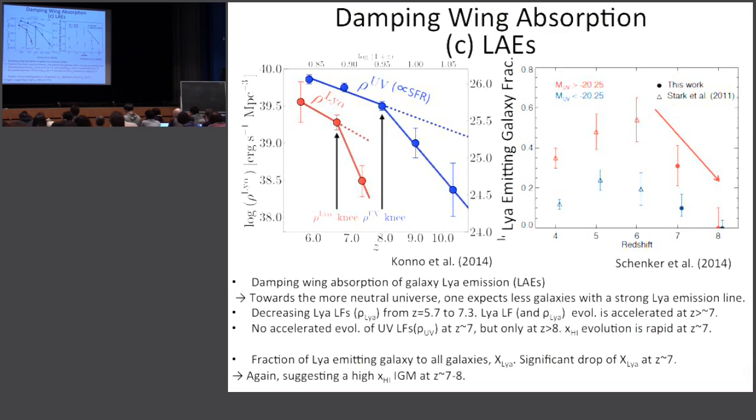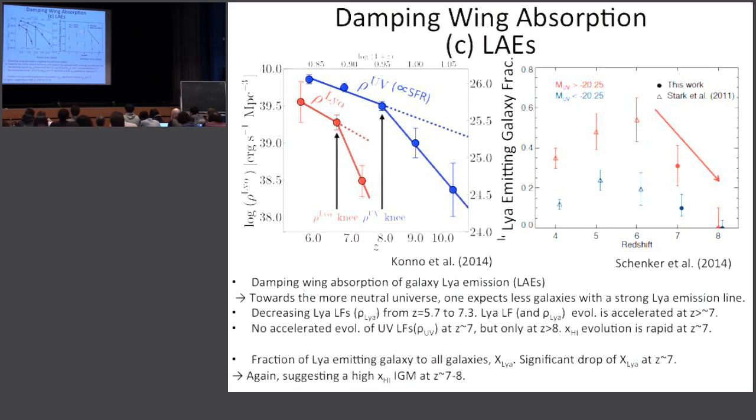So a similar result is obtained from similar techniques. As I told you yesterday, people are measuring the Lyman-alpha emitting galaxy fraction as a function of redshift using the continuum selected dropout galaxies. And I said from redshift 4 to 6, the Lyman-alpha emitting galaxy fraction is increasing, and at redshift around 6, the Lyman-alpha emitting fraction is about 50%.